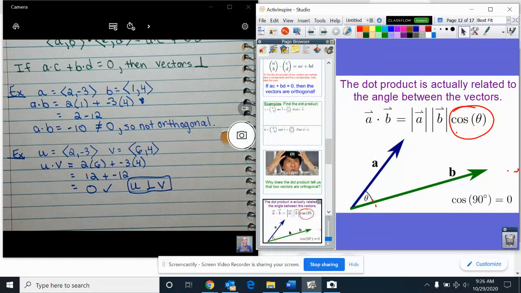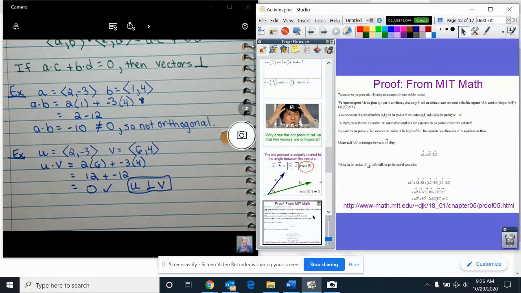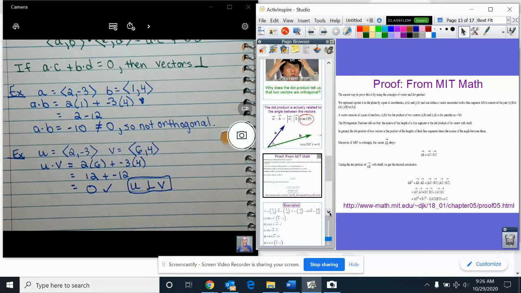We know that if vectors are orthogonal, we have a 90-degree angle in between them. And it applies to the cosine of an angle. And we'll talk more about that when we get into trigonometry, but feel free to read about it. There's a nice proof, just a one-page proof about it right here you can look at, and I'll post these presentation notes as well.